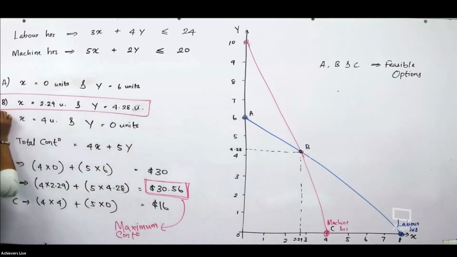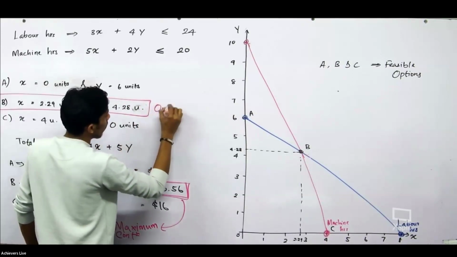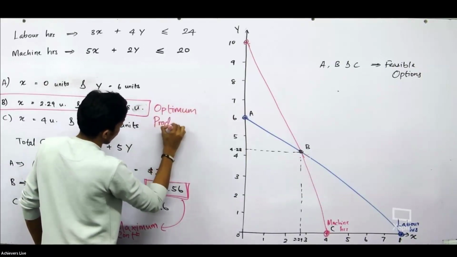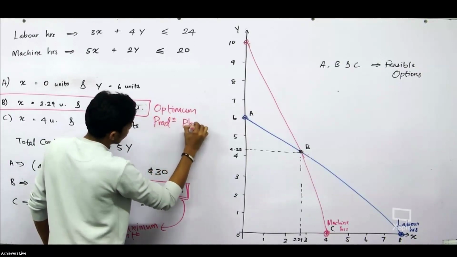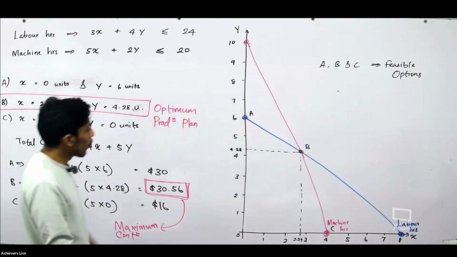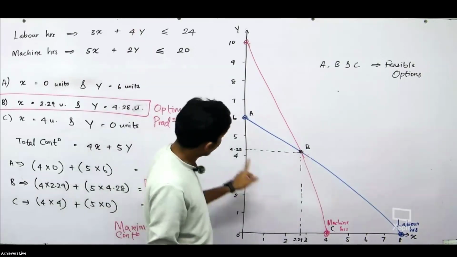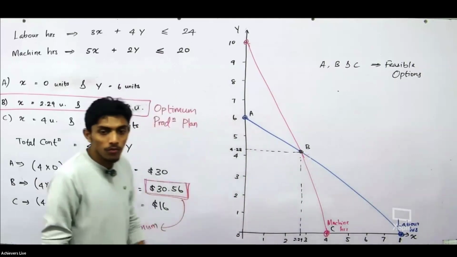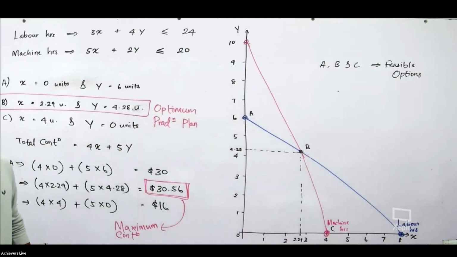This is your optimum production plan. Clear? When it comes to real world context, we don't need to draw the simultaneous working also to find these two, because in the graph itself, everything is there. It will filter it out. Got it? Any doubts? Actual how many units means?